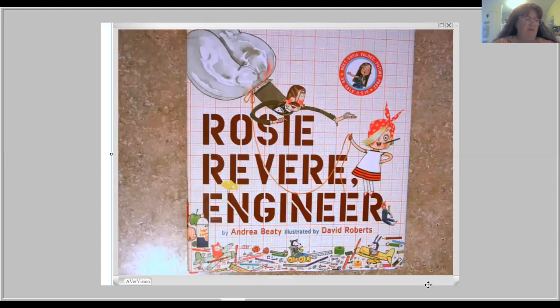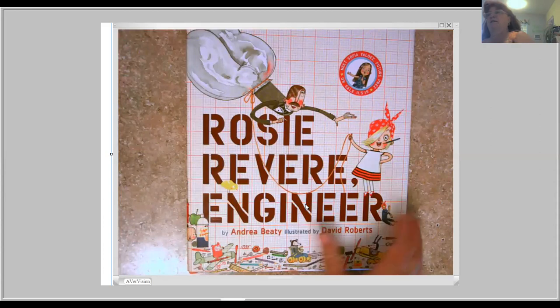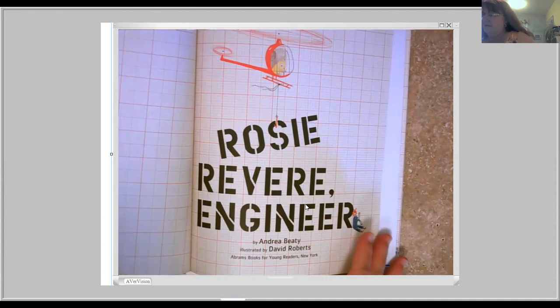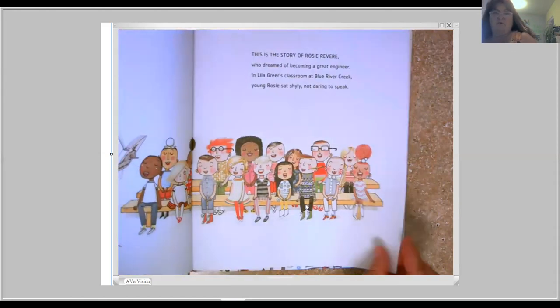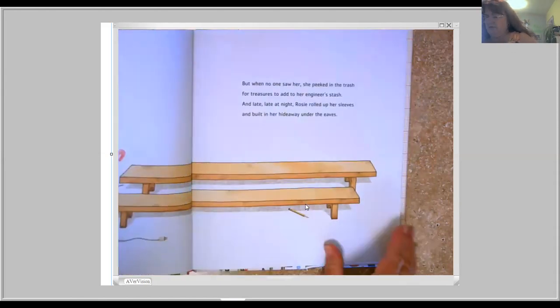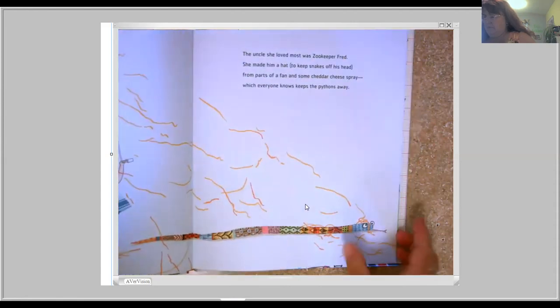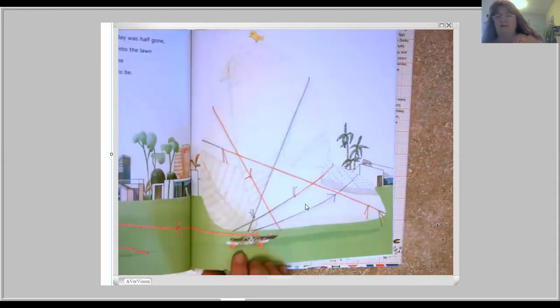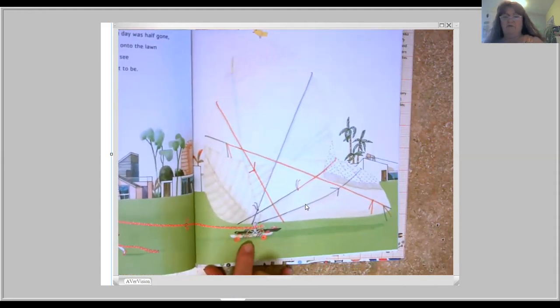So let's go in here and think, what did Rosie use to create some of her ideas and designs in here? So one of the things I remember most was that when she was pulling out her helicopter, or her aunt, the thing I thought was funny was she was using skateboards with the wheels.